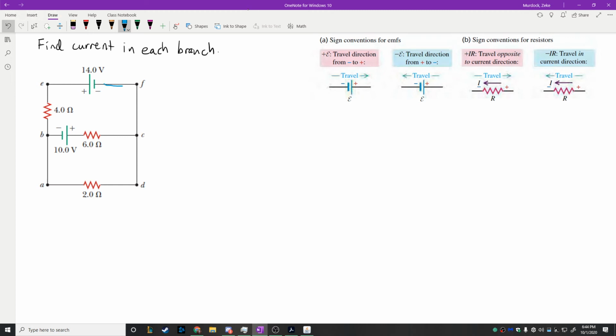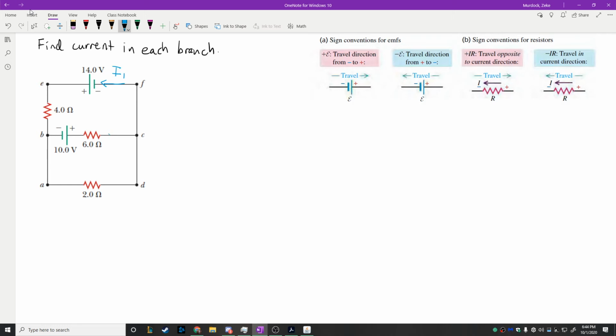I'm going to say the current flowing through this upper branch points this way, and I'm going to call it I1. I'm going to repeat this because I'm going to get this question a lot. It makes absolutely no difference what direction I choose. You just pick one. Don't be afraid. It will work.